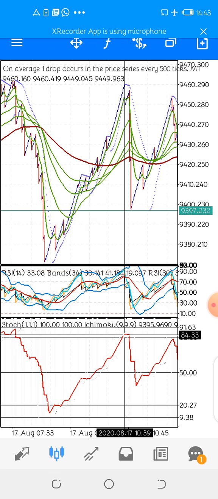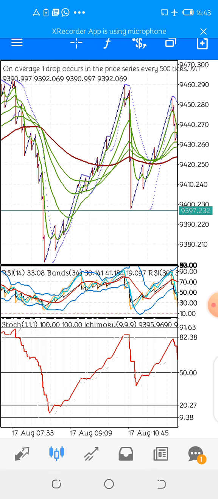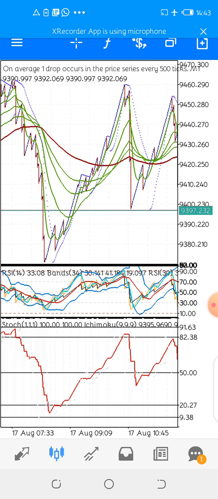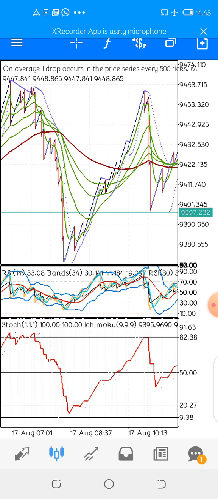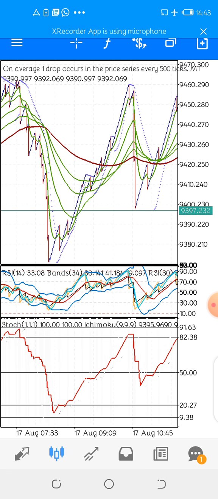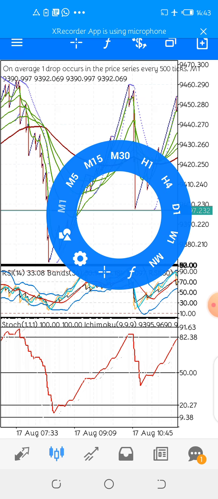Okay, but something else that I want to show you, I will show you at the end, but let me use this here. How you apply this strategy, I want you to see something. I need to take an arrow.